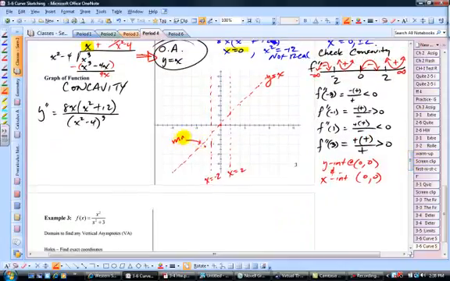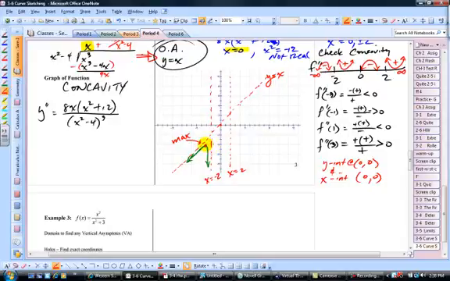So max. I also know it's asymptotic to this line y equals x, and to the vertical line x equals -2. And looking at the concavity test, I know to the left of -2 it's concave down. So I know right away it's got to go through this point here. It's got to be asymptotic here and here.